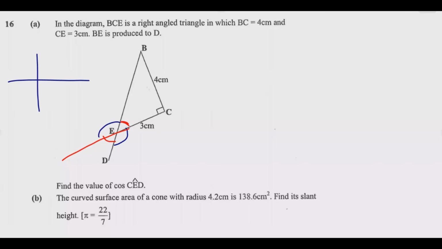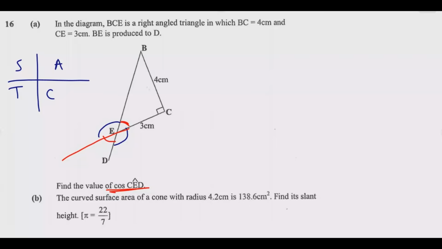So we use the quadrant where we say all students take chemistry. In the first quadrant, all the three trigonometric ratios are positive. Then in the second quadrant, cosine and tangent are negative. That's why in this kind of question, you are asked to find the exterior angle for a cosine or a tangent, because the sign is positive.